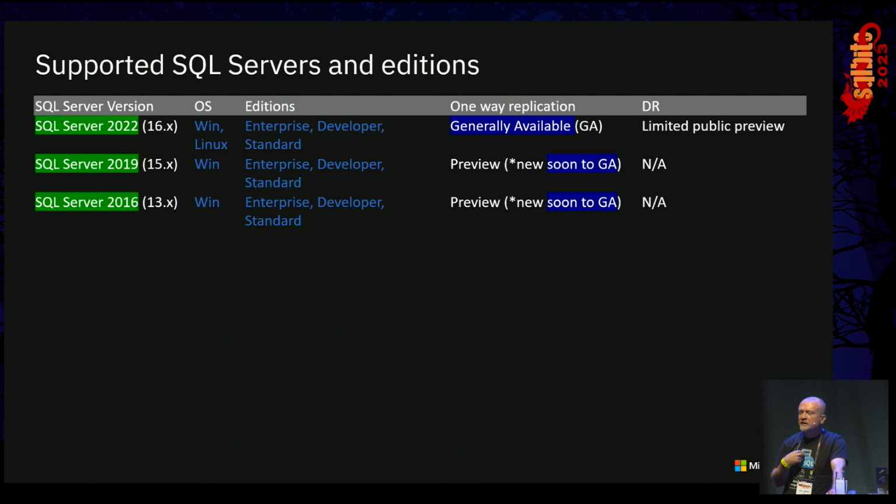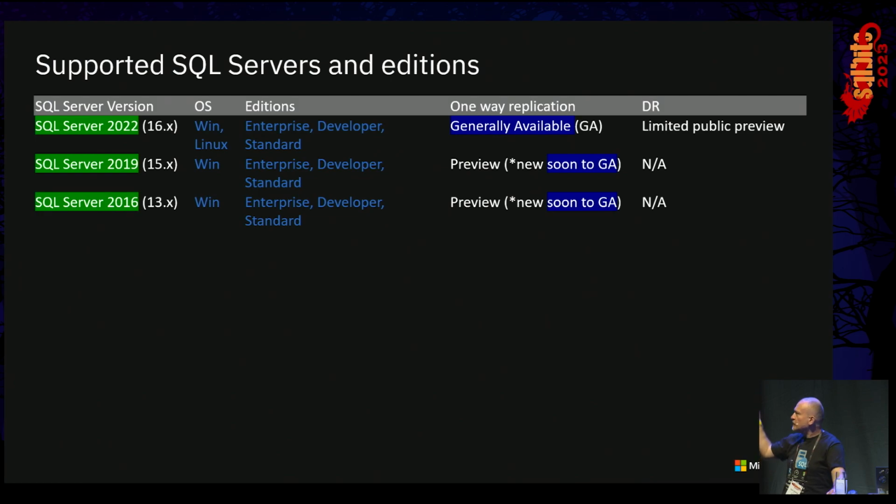We have also made this solution available in Standard editions, which was an effort because distributed availability groups are not available out of the box in Standard editions, so we had to build that in. There are CUs and service updates, which you can find on the MI Link documentation page, that you need to install to enable this. This is only for the purpose of MI Link, so we did not enable it for SQL Server to SQL Server distributed availability groups, but specifically for this scenario.